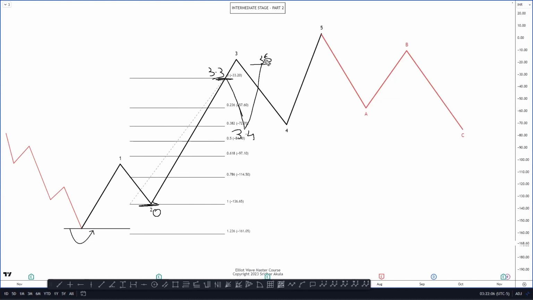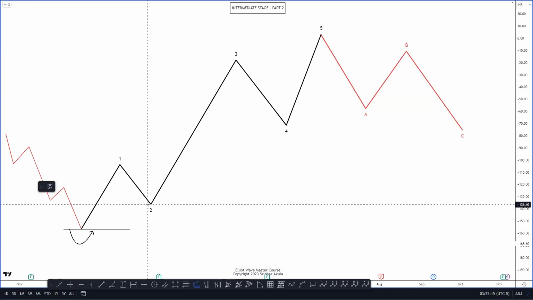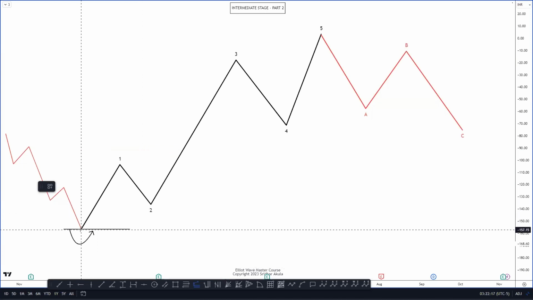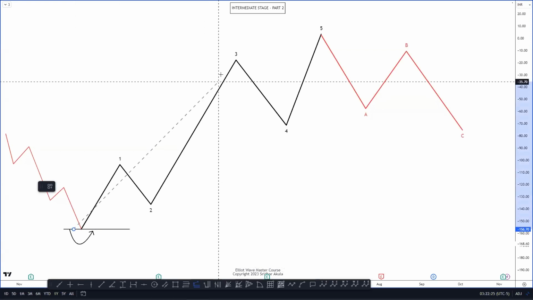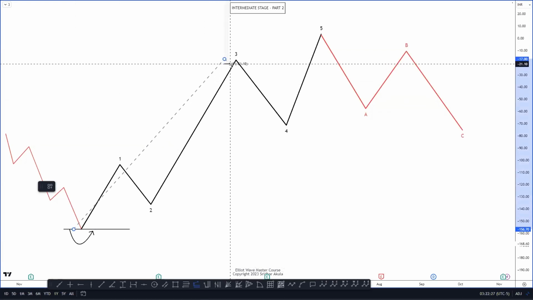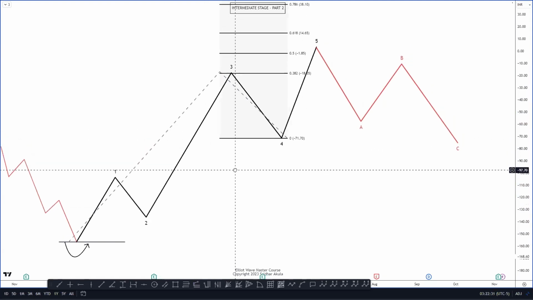Now how to calculate the fifth wave? Any fifth, it can be internal or main wave. So the fifth wave usually comes in what? A diagonal or an impulse. In this case, to calculate the main fifth wave or any fifth wave, what I do is I take Fibonacci extensions of the entire wave so far.